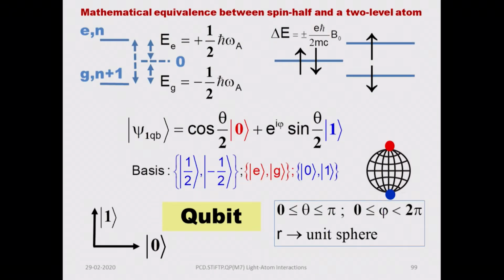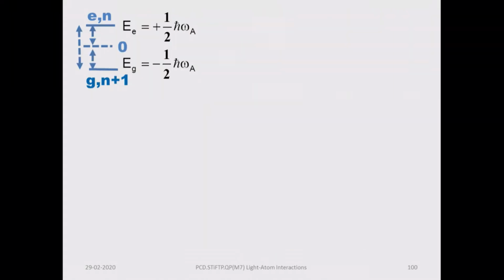It is again a two-level system, and you can carry out this analysis in terms of the spin half systems or the excited and the ground states of the atom, or in terms of the qubit systems 1 and 0 states. Okay? So, this is the Bloch sphere that you will be reminded of, which we discussed in the previous unit of this course.